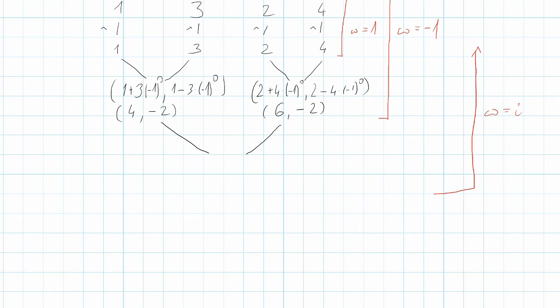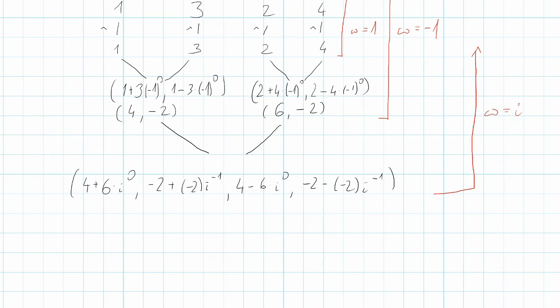So we have 4 plus 6 times omega, so i to the power 0, then -2 plus -2 times i to the power -1, and now the same but with minuses, so 4 minus 6 times i to the power 0, and -2 minus -2 times i to the power -1, the inverse of i.